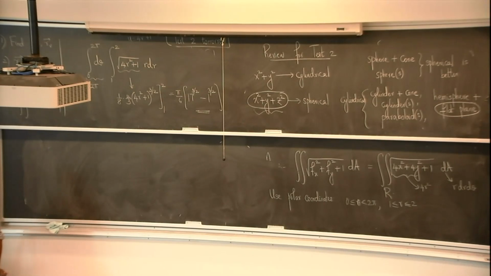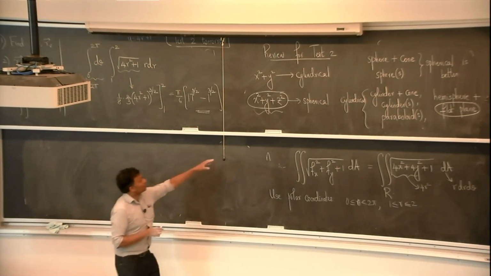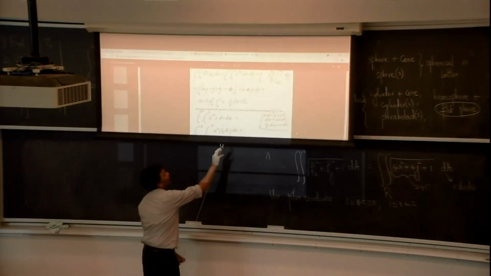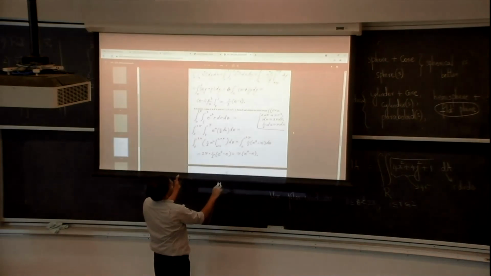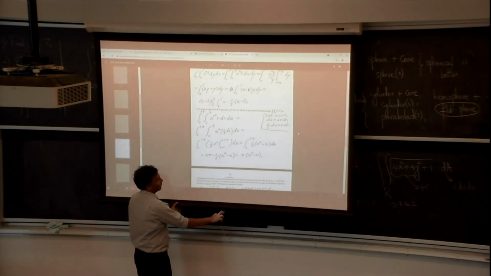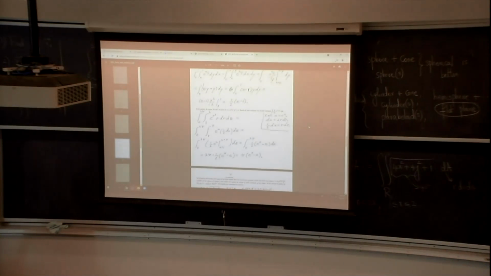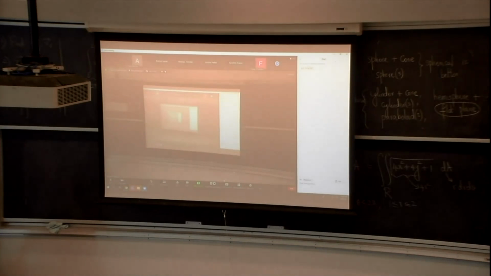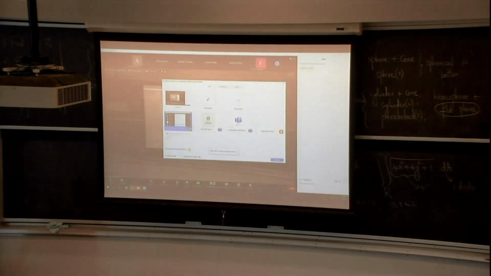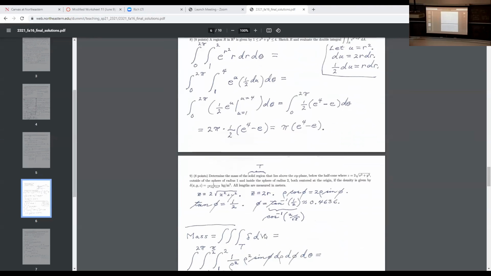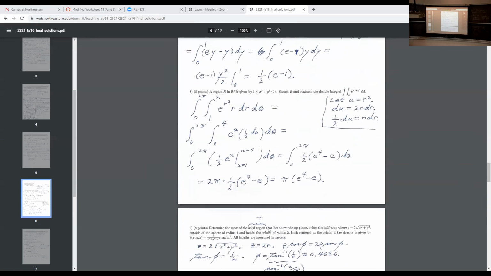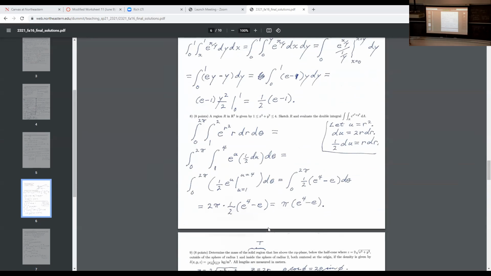Okay, so here is a pretty good one just to practice. I'm going to pull the screen down, and I'll also share the screen for those of you who are online. This one here, number 9, kind of covering up the answer as much as I can. Hold on one second. So problem 9. Oops, I don't want you to see the answer too early.